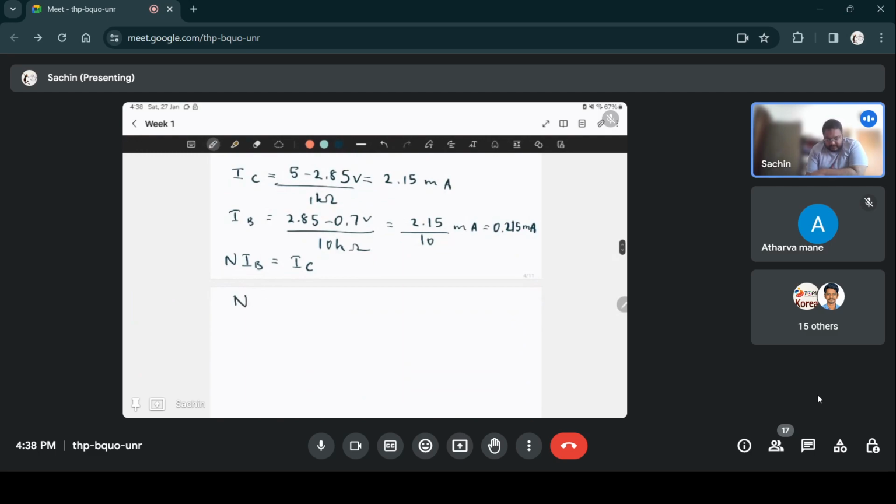So the number of transistors that you can have in the load, that's the fan out, is IC by IB, which is 2.15 by 0.215, just 10.